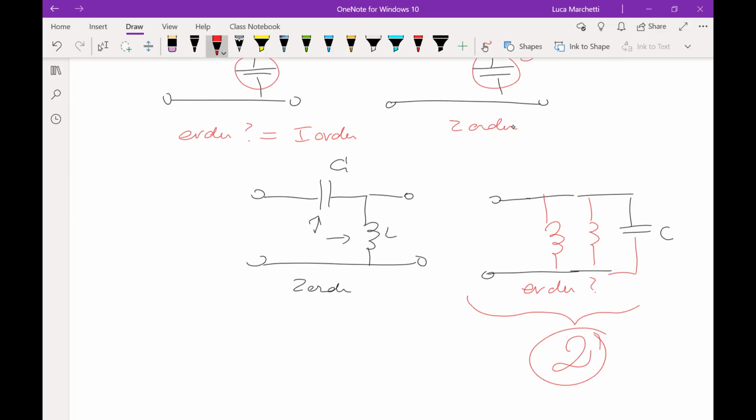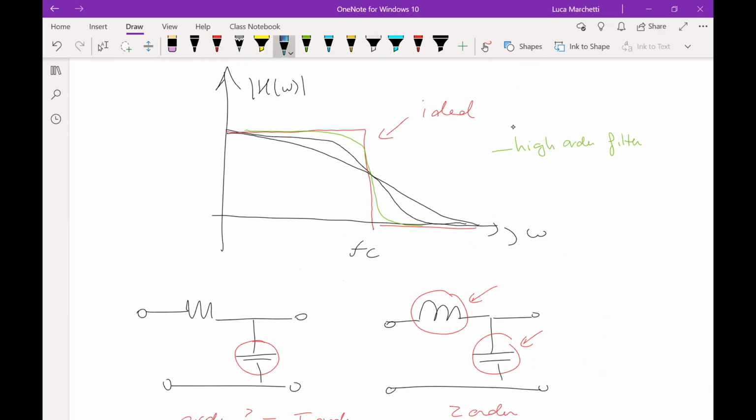And when we do Laplace, I will show you that knowing the order of the filter is very important, because it can tell you how much is the slope here. The slope of this curve is related to the order of the filter, as I said before.